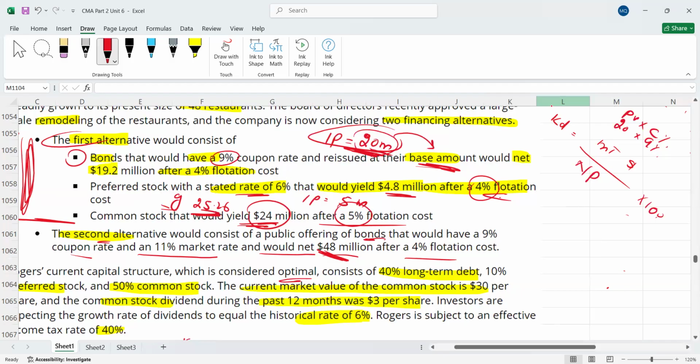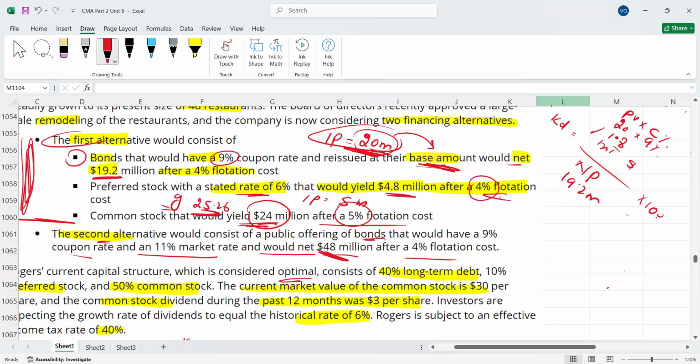So if you solve this, it will give you interest dollar. Can you help me? So it is 20 times 9%. It is going to be 1.8 million interest dollar, the numerator. Net issue proceed is given already, because the net amount is 19.2. So 19.2 million times 100.